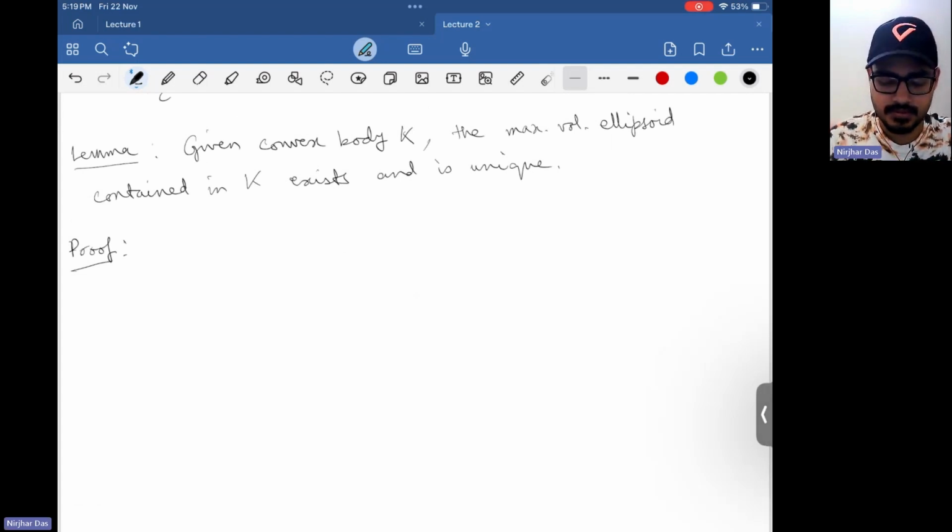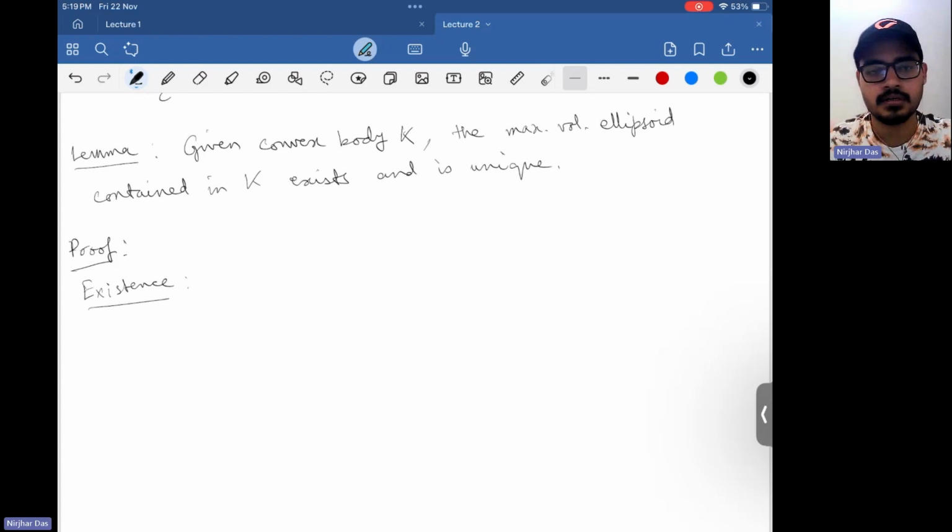So let me start with the existence part, and the argument is fairly standard. We will start with this set F, which is the collection of all ellipsoids.